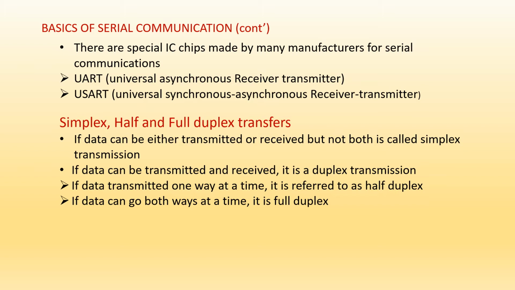They are called UART, Universal Asynchronous Receiver Transmitter, and USART, Universal Synchronous Asynchronous Receiver Transmitter. For serial communication, the 8051 has a built-in UART. We'll see about the UART later.